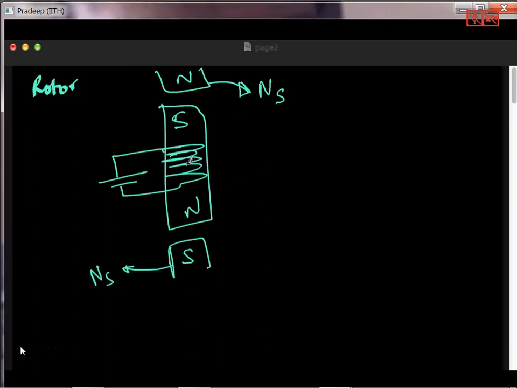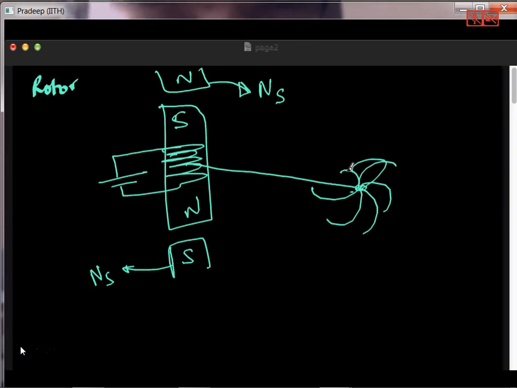Now, instead of having a load, let's connect a prime mover. So a prime mover is connected. For example, there is some kind of a turbine, and then there is some kind of steam that is coming like this.